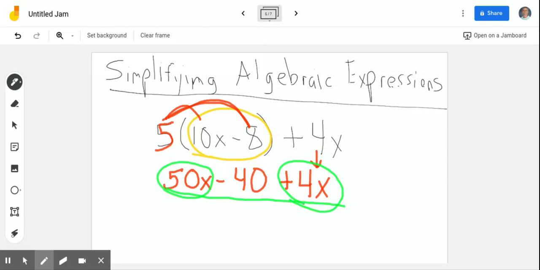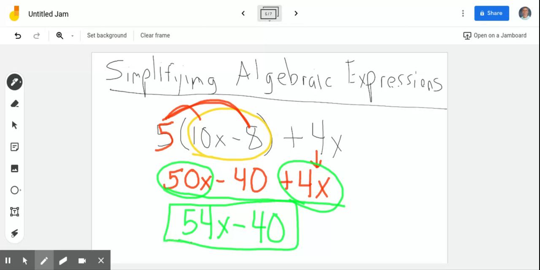Both are positive, so we add them up, and we get 54x. And then we have minus 40 sitting there by itself, so nothing to combine it with, so we'll just bring it down. So 54x minus 40 would be our answer because those two terms cannot be combined.